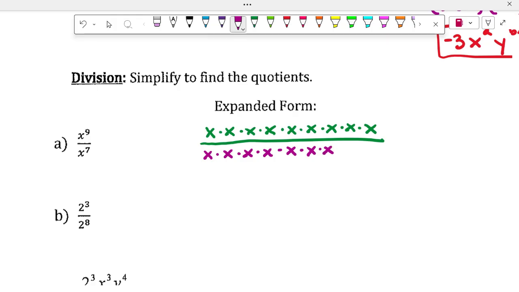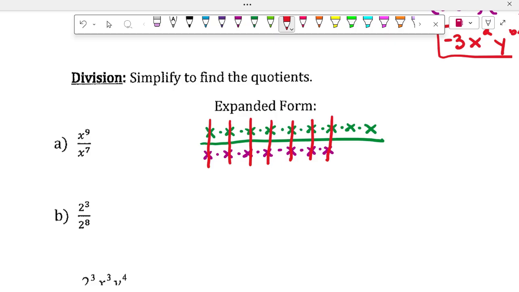Now, here's my question. What can I do to simplify this? Right, just start crossing out because x over x is equal to what? 1. Anything divided by itself is 1. So you can cross out pairs. 1 in the numerator, 1 in the denominator, you can cross out.